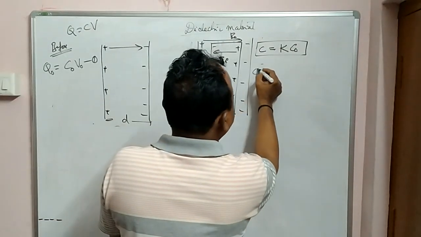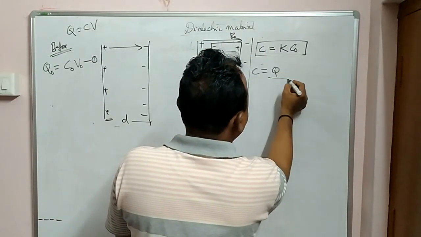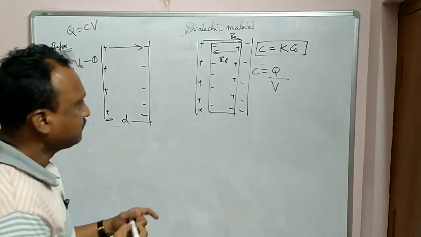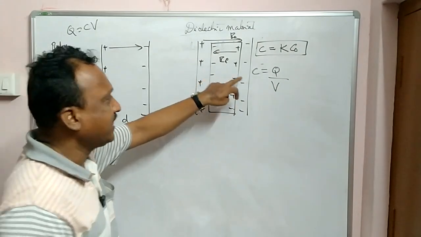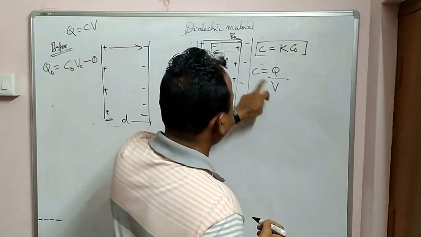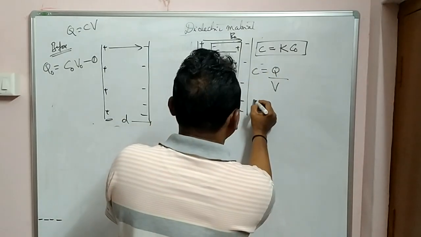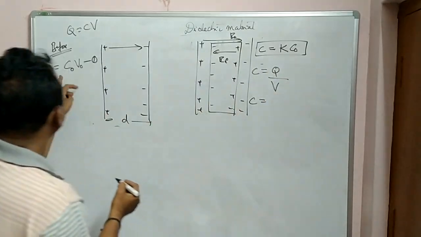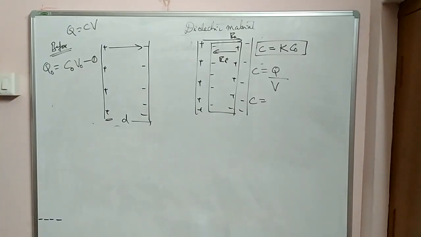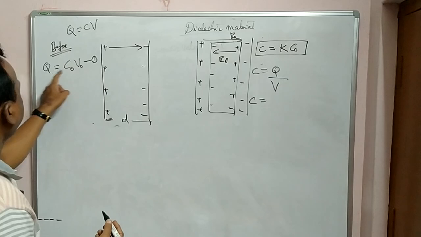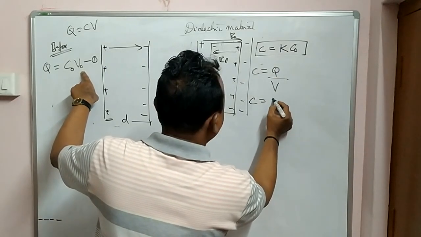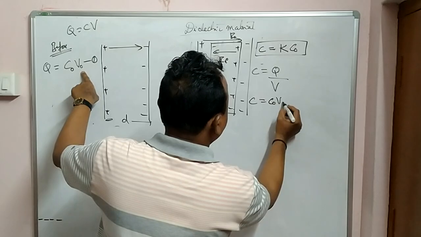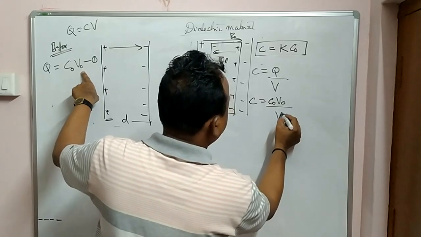We have C is equal to Q by V. After the introduction of the dielectric material, Q is equal to CV or C is equal to Q by V. So here C is equal to, what is Q here? This is not Q0. Q is equal to C0 V0, right? So Q is C0 V0 by V. Is it right?